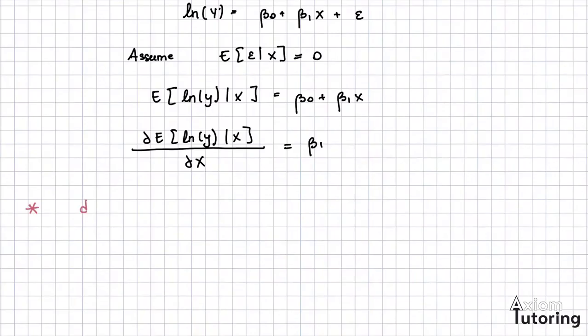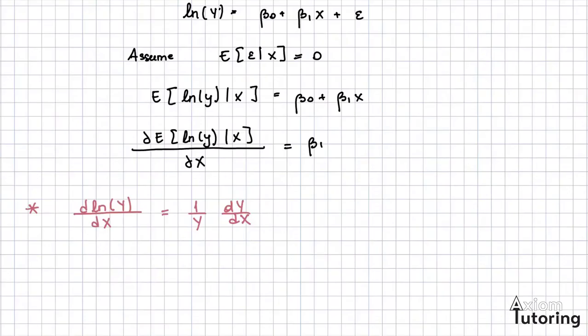The derivative of ln of y with respect to x is going to be equal to 1 over y dy over dx. If you don't know where this formula is coming from, don't worry, because the next video is going to show you, in a very short video, exactly where that comes from.